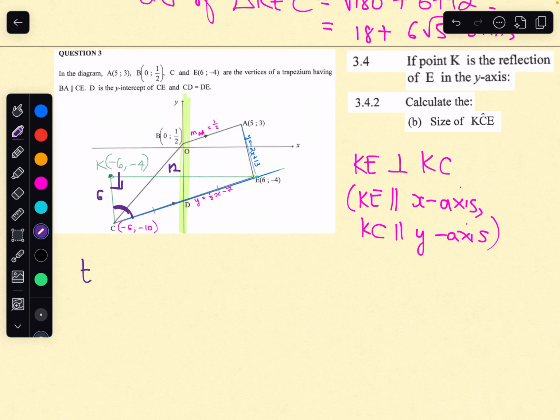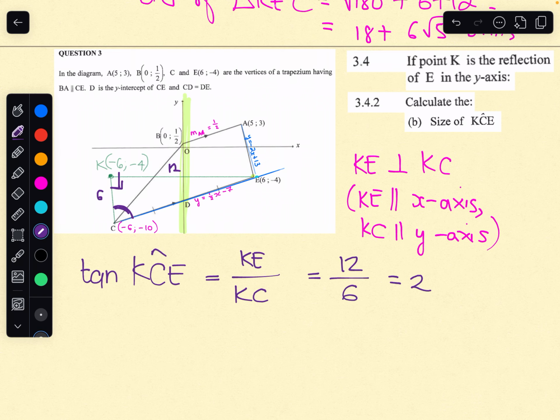So tan of KCE is equal to KE over KC, which is 12 over 6, which is 2. And so KCE will be equal to the inverse tan of 2.